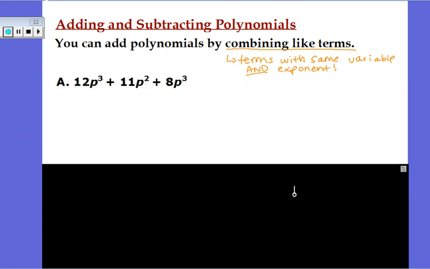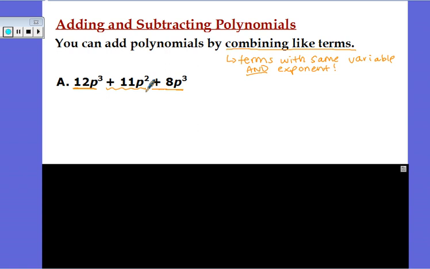So let's take a look at example number 1. I see 12p cubed plus 11p squared plus 8p cubed. So I can take these monomials here and find their like terms. I've got 12p cubed and positive 8p cubed. And then I see that in between those I've got a positive 11p squared.